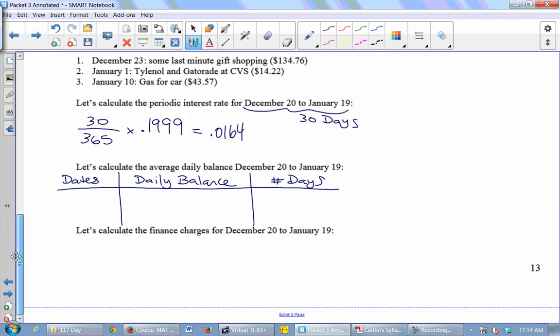So I'm going to put in 12/20 to 12/22. My balance each of those days was $700, which means how many days is that? 3. The 20th, 21st, and 22nd, 3 days.